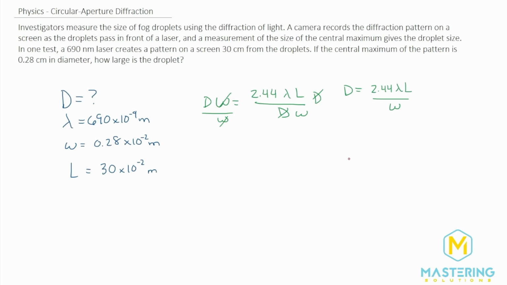When we plug in our information now, we have D is equal to 2.44 times lambda, which we said was 690 nanometers, or 690 times 10⁻⁹ meters. L in this case is 30 times 10⁻² meters. And all of that gets divided by W, the width of the central maximum, which we said was 0.28 times 10⁻² meters for centimeters.